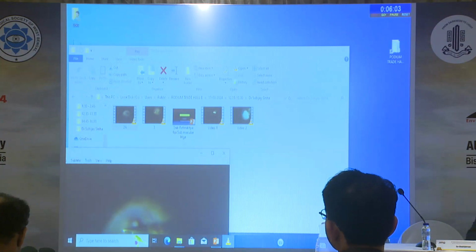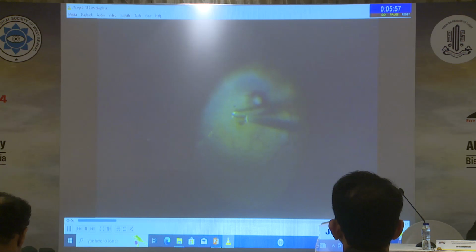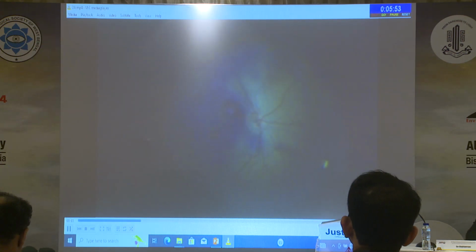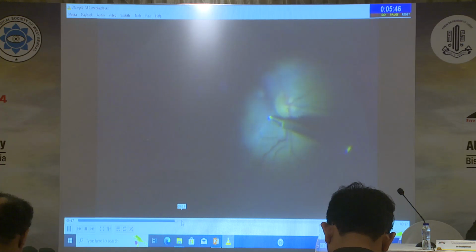In the follow-up I had to do the vitreous lavage along with ILM peeling for the macular hole and put gas. Put C3F8 gas and prone positioning for 2 weeks.